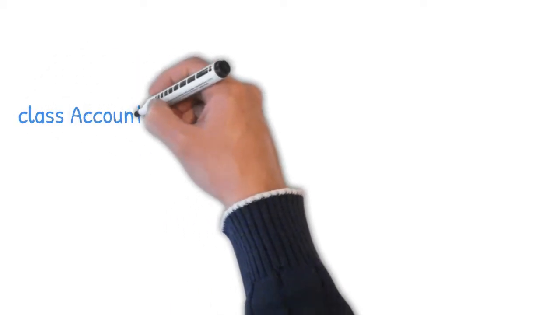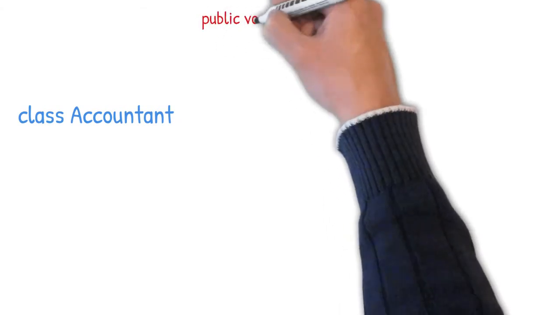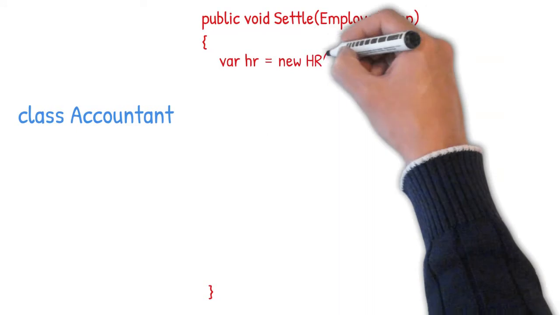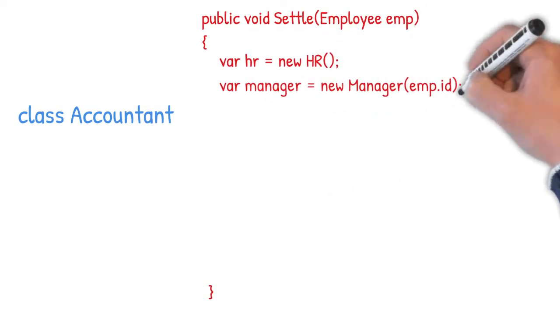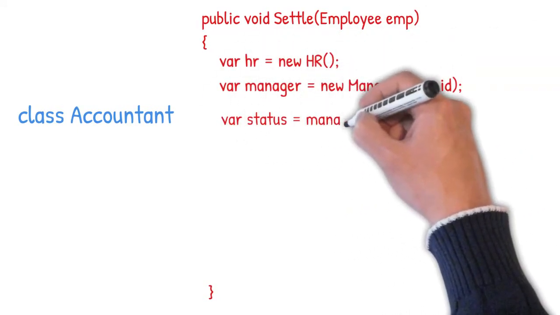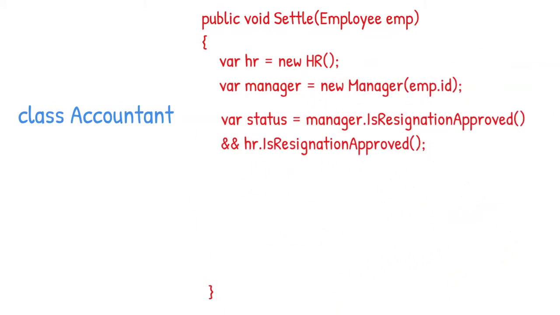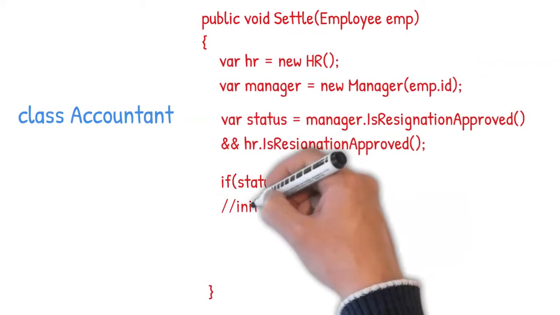For that, let's say you inform the accountant about your resignation and ask to settle your salary. But hey, the accountant is not going to listen to you directly. The confirmation about your resignation will be needed by your HR and your manager, which means the accountant now will have to communicate with HR and manager.